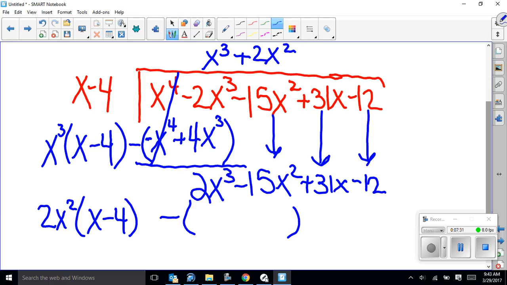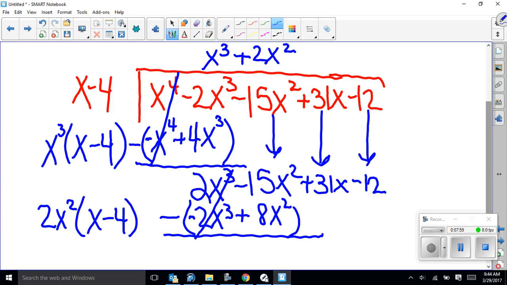So 2x squared times x is 2x cubed. And 2x times 2x squared times negative 4. So distribute the negative. So 2x cubed minus 2x cubed is 0.